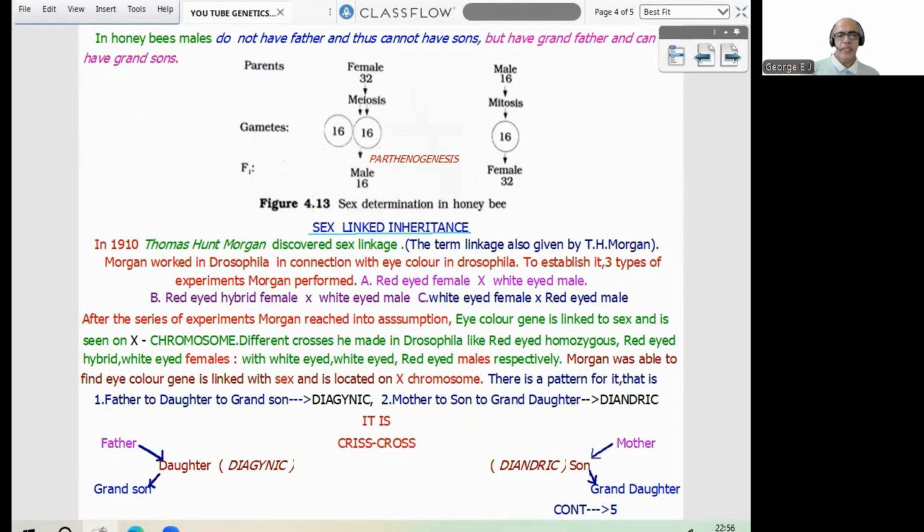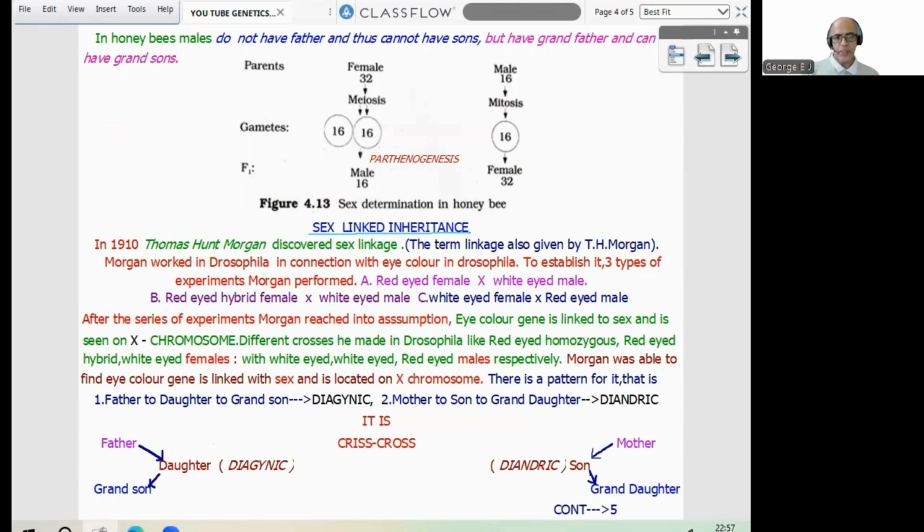Now comes sex-linked inheritance. Thomas Morgan, 1910. Linkage was also given by him. And experiments in Drosophila. Here you can find red-eyed female, white-eyed male, red-eyed hybrid female, white-eyed male, white-eyed female, red-eyed male.